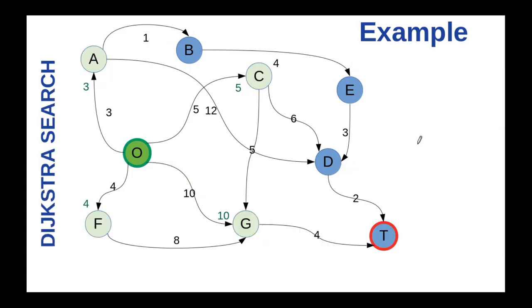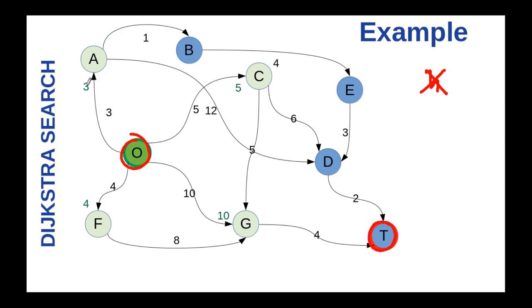Let's now use the Dijkstra search algorithm in order to get from O to T by means of the minimum cost path. Pay attention that in this method we are not using the heuristics.